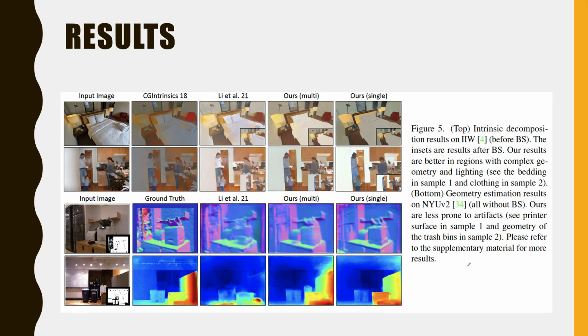Another result here we have is from another data set, IIW, and here we are just looking at the albedo, and also we are seeing the normal and the depth. Here there's a ground truth, so this is nice.